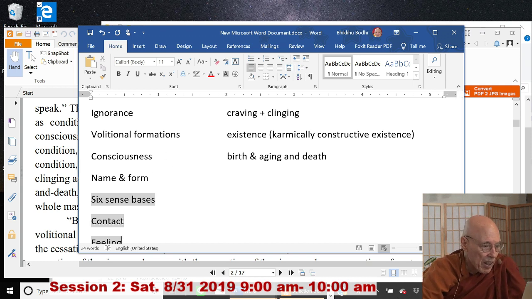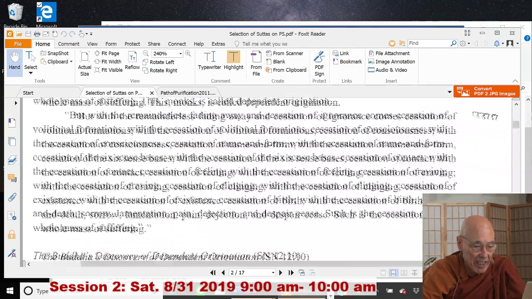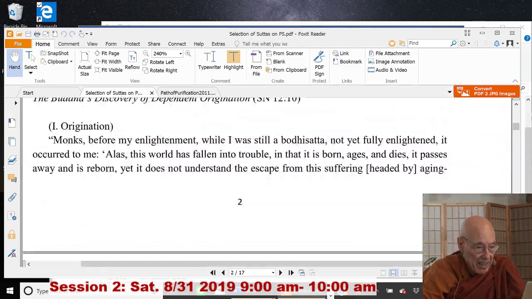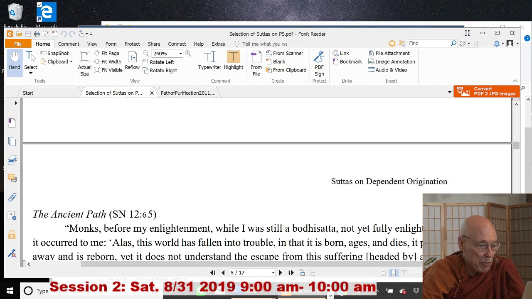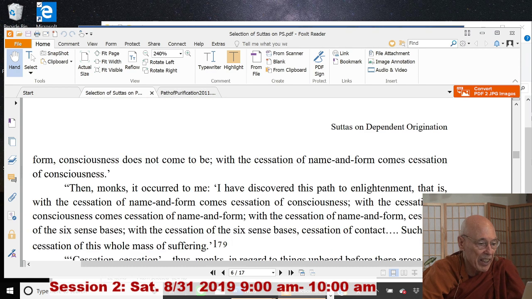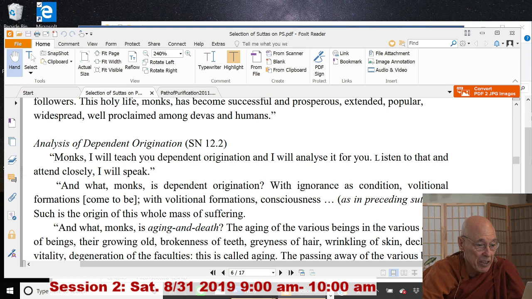Okay, now I want to move into some of these suttas that deal with dependent origination. And what I'm going to take is a sutta which gives a definition of the factors going in reverse order.